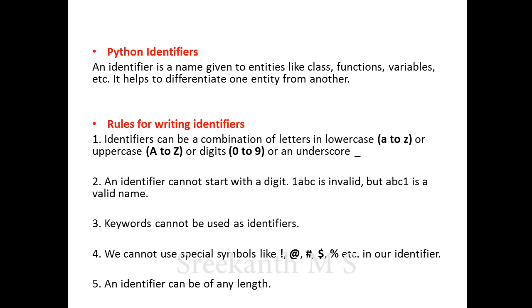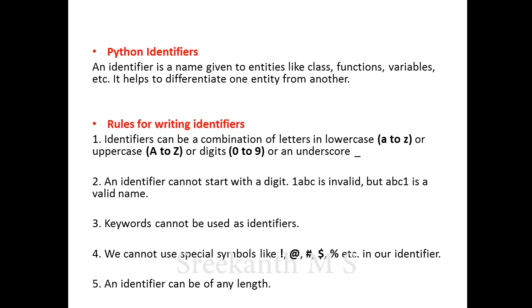So these are the permissible characters in Python identifiers. The second rule is that it cannot start with a digit. For example, 1ABC is invalid, but ABC1 is a valid name. So we cannot start an identifier with a digit.